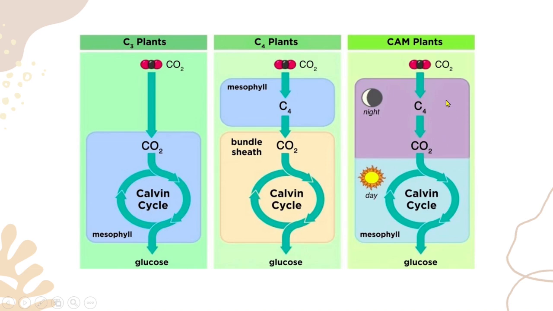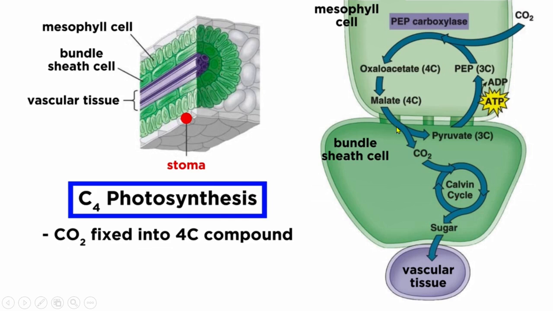of time. So the fixation of carbon dioxide into C4 happens at night time, and then the C4 will simply be accumulated inside the vacuole, and then later at daytime the carbon dioxide will be released into the Calvin cycle. So this is a separation of time, and that was a separation of space. So what happens here?